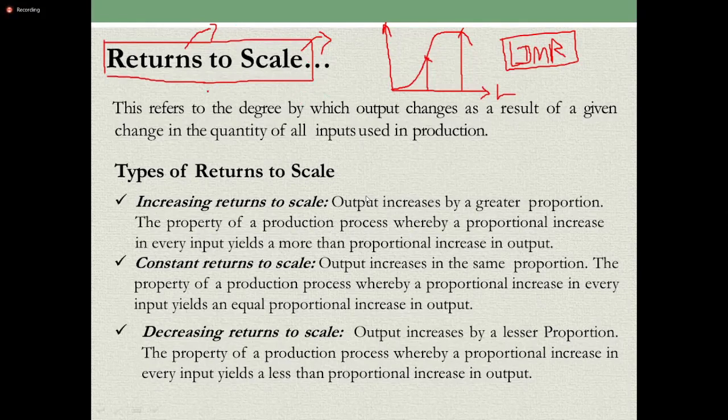That is what is meant by returns to scale. So returns to scale refers to the degree by which output changes as a result of a given change in the quantity of all inputs used in the production. When the input is increasing in percentage, what happens to the output?